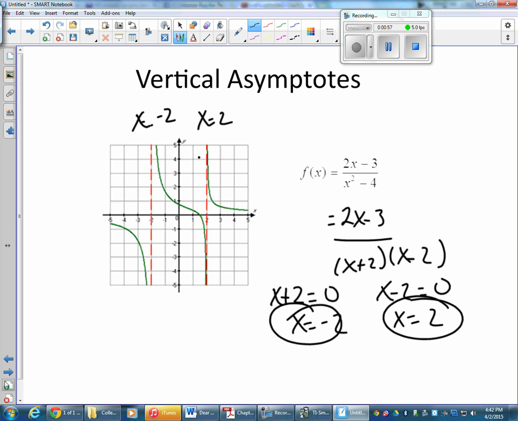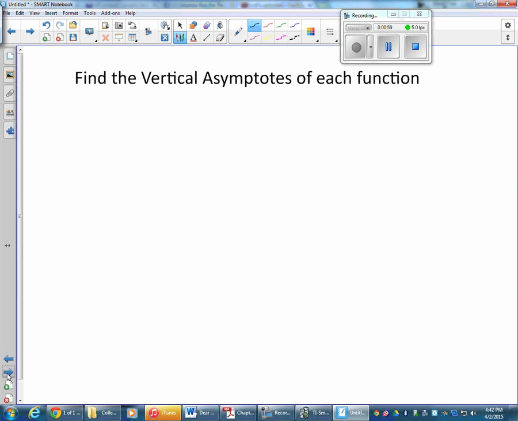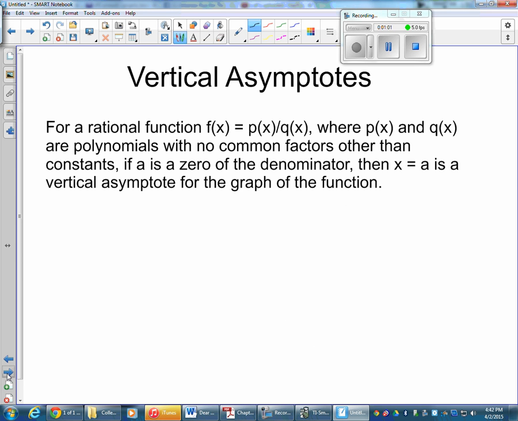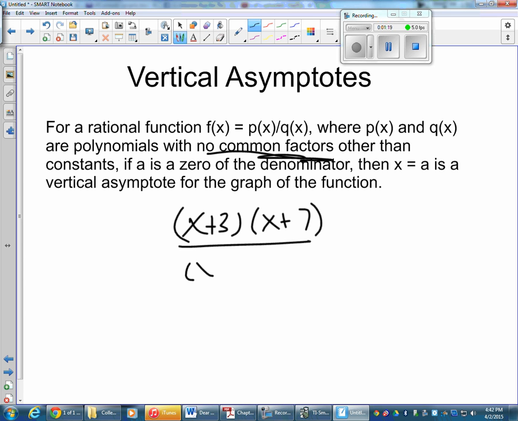And notice I said if there are no common factors. Sometimes there are common factors, and you want to eliminate those first. Let's say I had something like x plus 3 times x plus 7 on the top, and on the bottom I had x plus 3 times x minus 4.